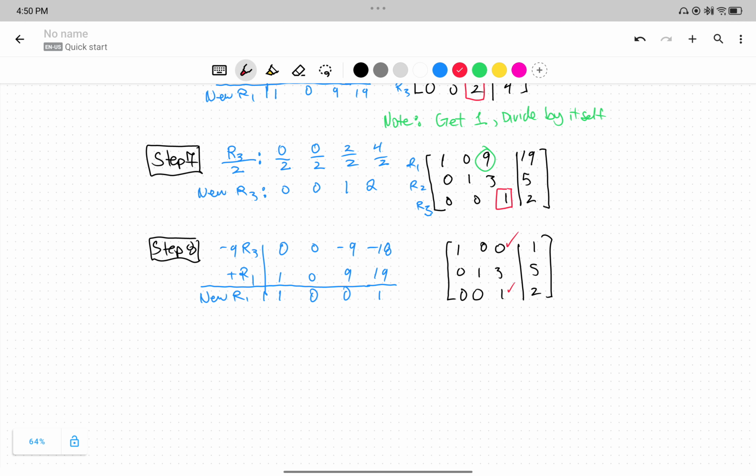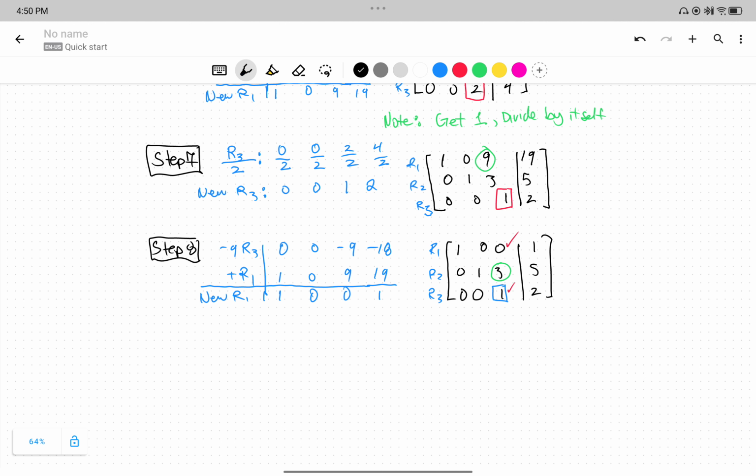We're good here. Now it's this guy's turn. And you have to use that guy. And we're gonna use the opposite. So -3, row 3 plus row 2. That should do the job.